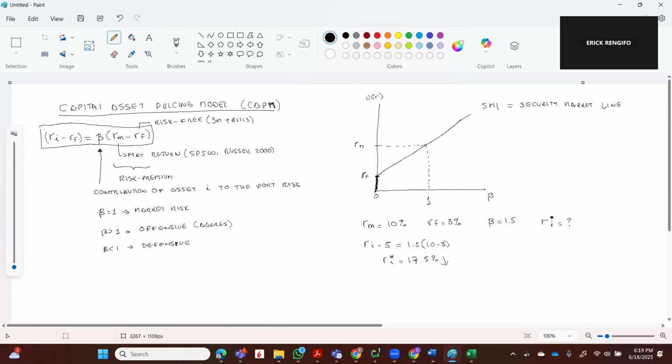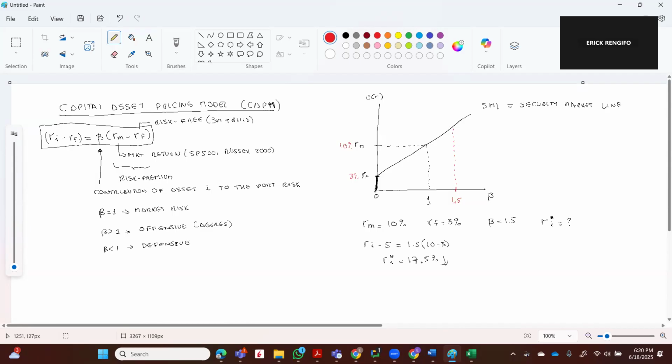Yeah. Okay, so what is the meaning of this 17.5%, guys? The meaning of this 17.5% is the following. So this means that if we have an asset that has a beta of 1.5, according to this model, the return of this asset, and of course, this is 3% for the example, this is 10%.